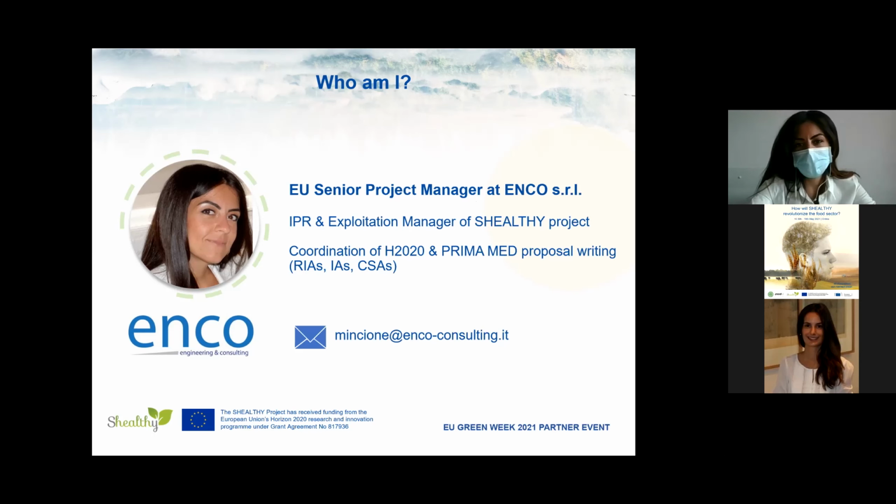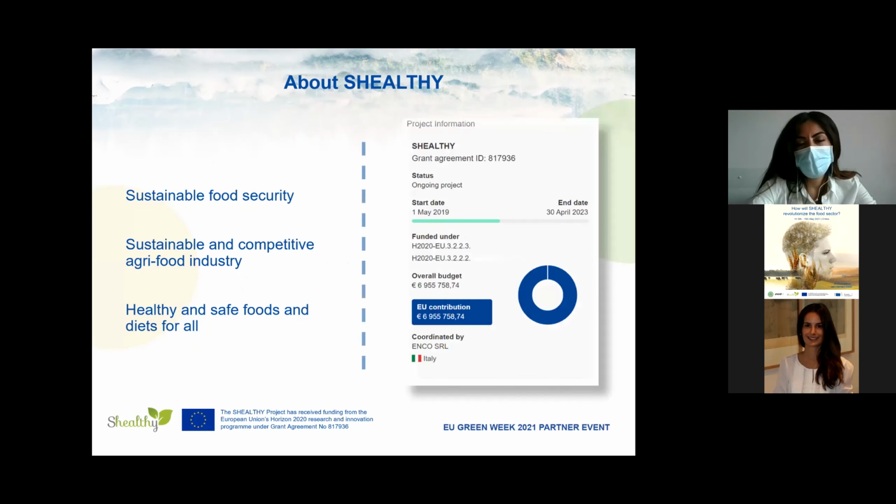So let's go on with what the SHEALTHY project is. SHEALTHY is a research and innovation action funded by the European Commission, specifically by the Horizon 2020 Research and Innovation Program within the Sustainable Food Security Work Program, which is oriented to a sustainable and competitive agri-food industry and addressed to healthy and safe food diets for all.